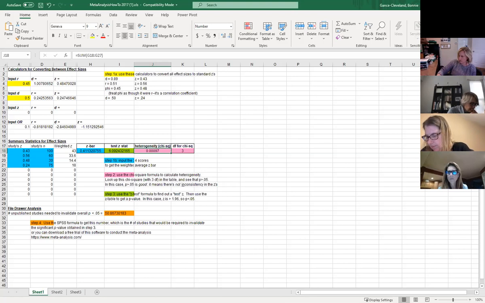But if it was 9, then you'd be going to your right in the chart, and you'd see that your alpha actually becomes 0.02. That makes sense? And then it would be less than 0.05. Yeah, okay.